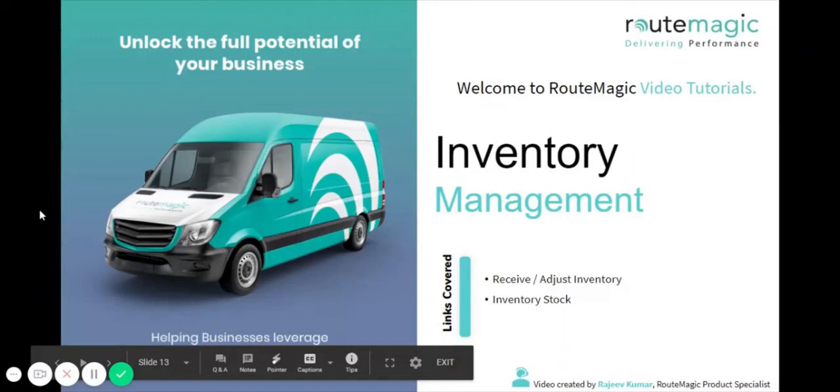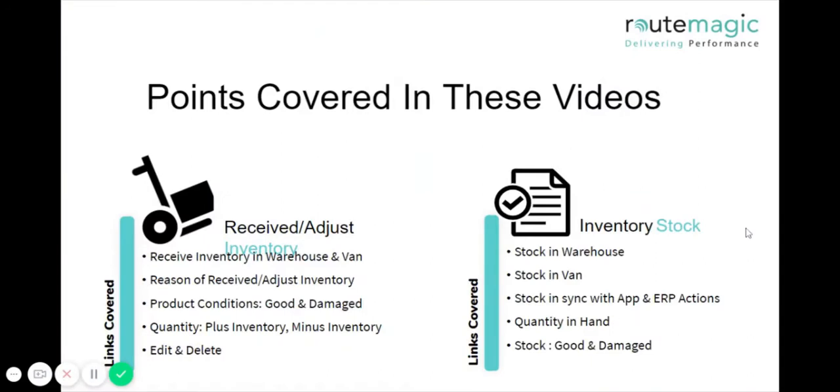In this video, I'll be going over the different aspects of inventory management. So as you can see in this slide here, I'll be covering points such as how to receive and adjust inventory in warehouses and vans, how to check product conditions, how to overlook quantities, and how to edit and delete certain stock.